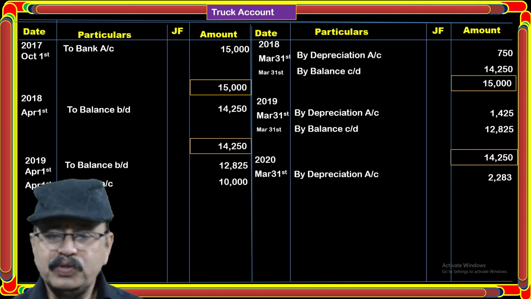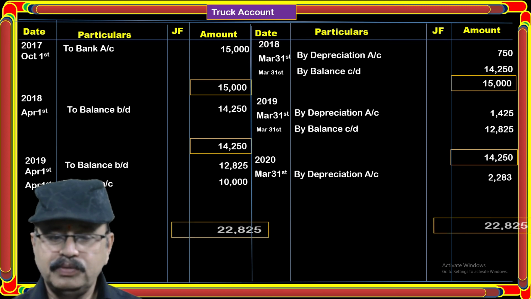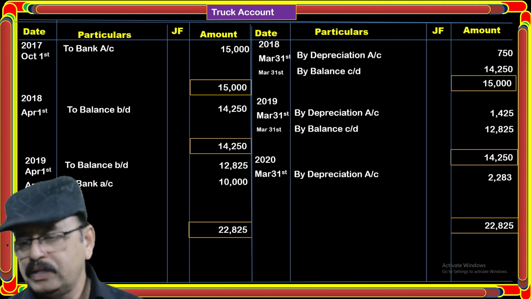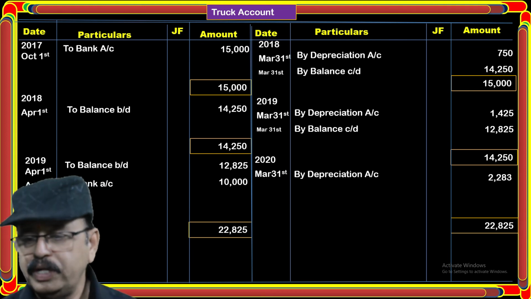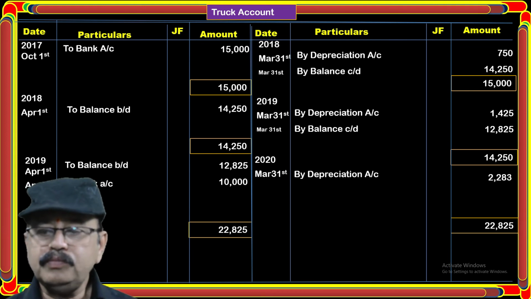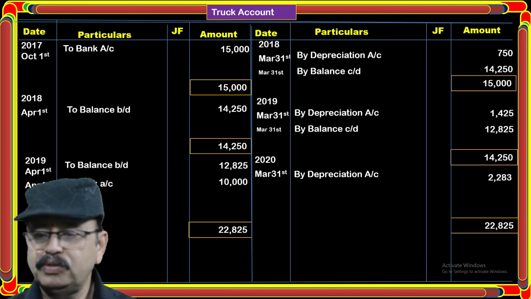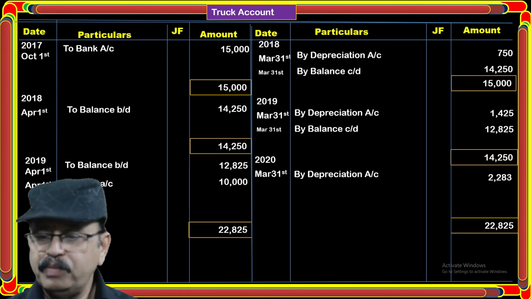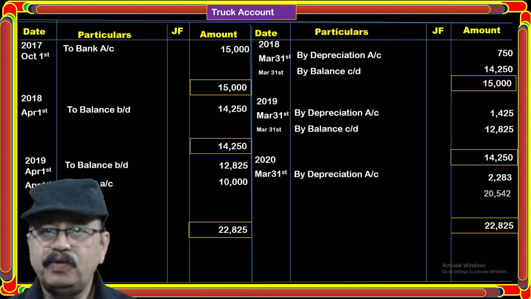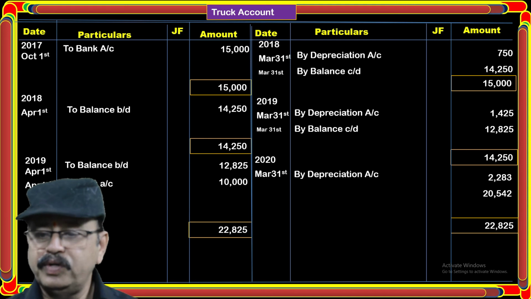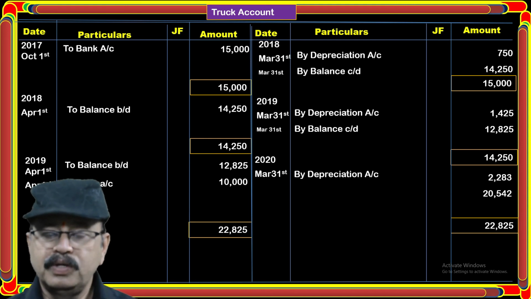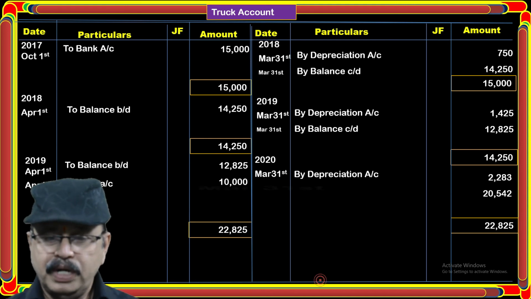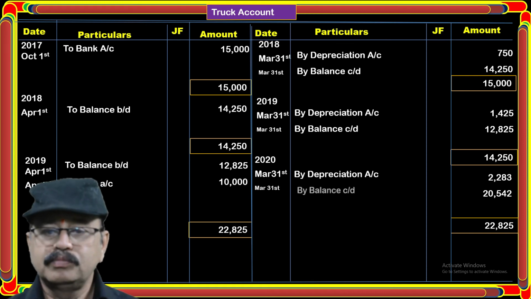So here nothing to post. Now I am going to total both sides: 22,825 and the credit side also 22,825. So from 22,825, if you minus 2,283, the remaining balance will be 20,542. In front of 20,542 you should write March 31st, by balance c/d.